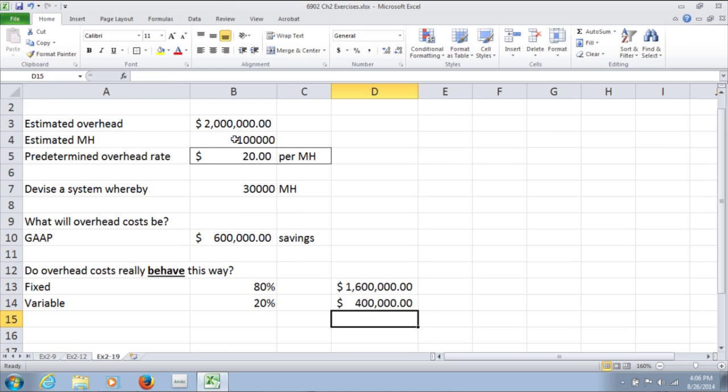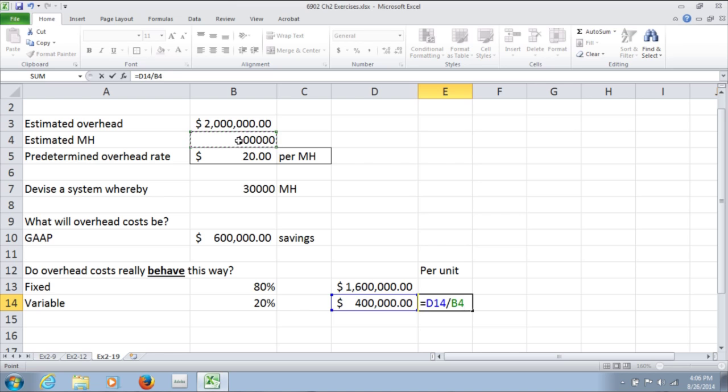So on a per unit basis, we would have 400,000 divided by the estimated machine hours, or $4 per machine hour. So if machine hours cause variable overhead costs, it would cause it on a $4 per unit basis.